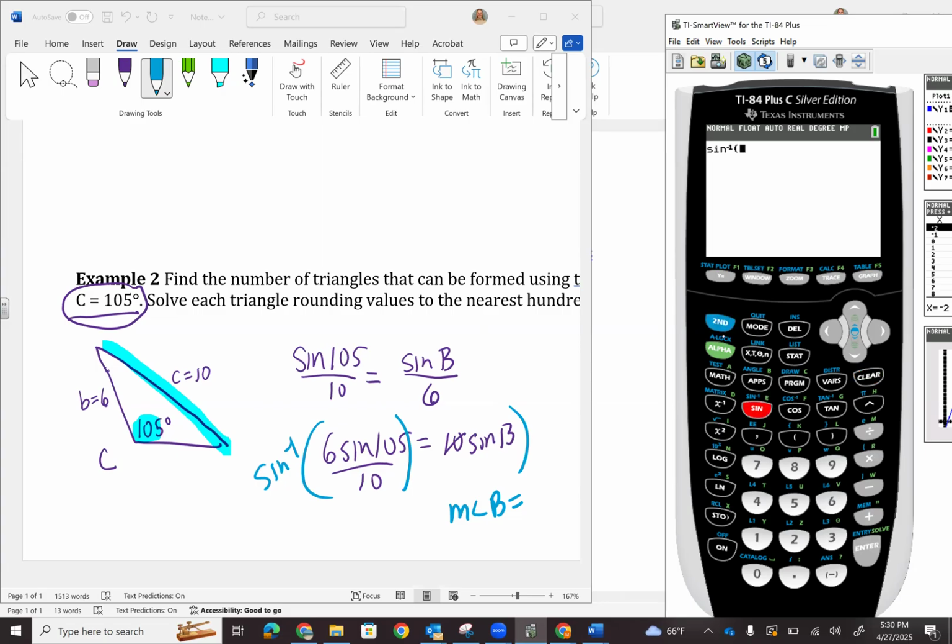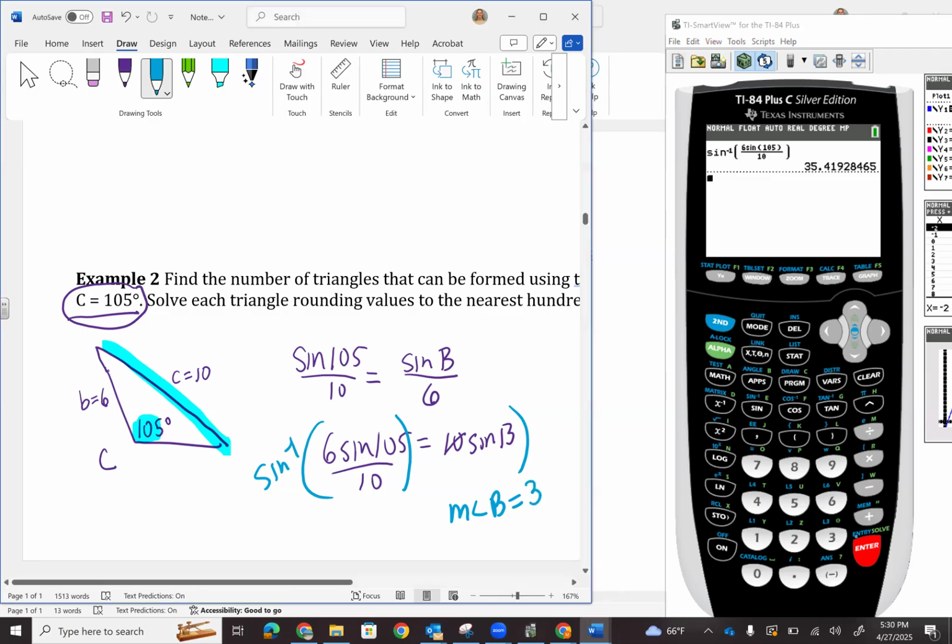I'm going to do alpha y equals enter. On the numerator, we're going to do 6 sine of 105. On the denominator, we're going to put 10. And let's see what we get here. We get 35.4. I said round to the hundredths, so 35.42.